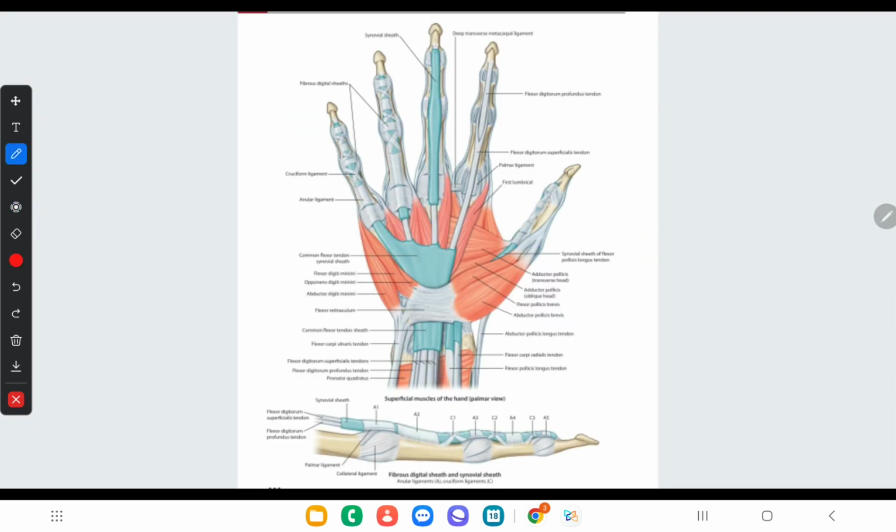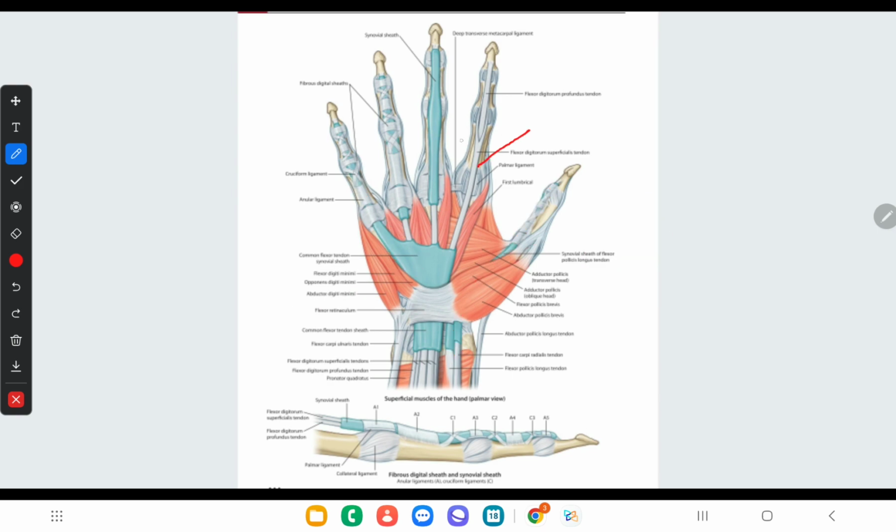In this picture, you can see this is the ulnar bursa and this is the radial bursa. The synovial sheath of the fifth finger is called the ulnar bursa, while the synovial sheath of the long flexor tendon of the thumb is called the radial bursa.